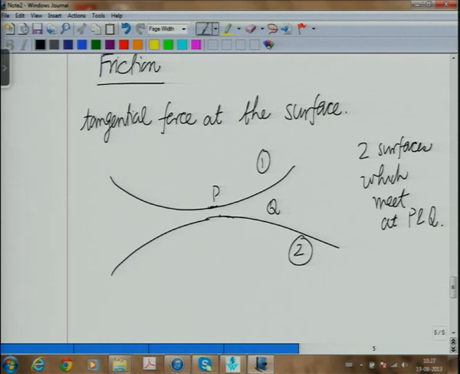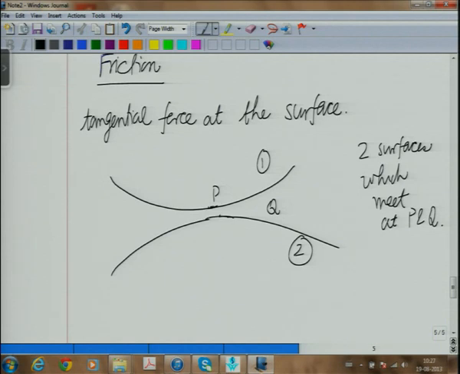Now if this is a planar contact, then we will have infinite points 1 and 2, but there could be a point contact between two surfaces. So that means we have two bodies 1 and 2 which may be moving. Point P on body 1 comes in contact with point Q on body 2.